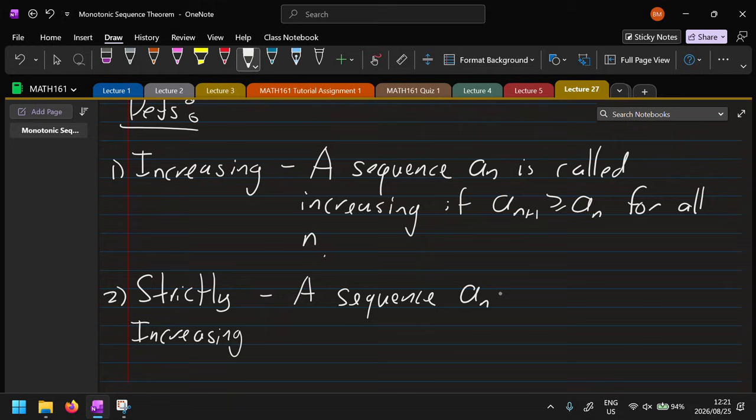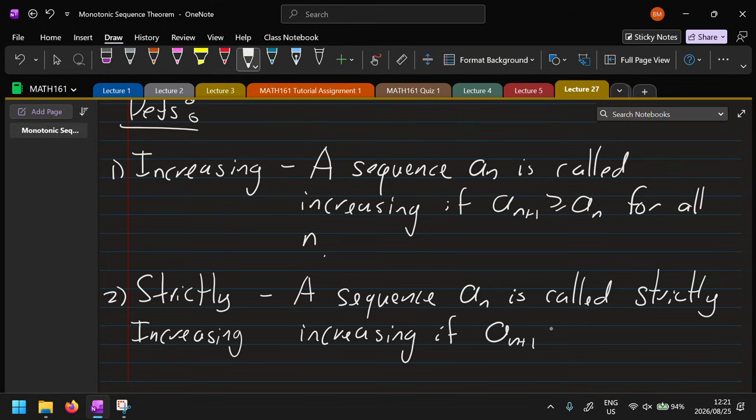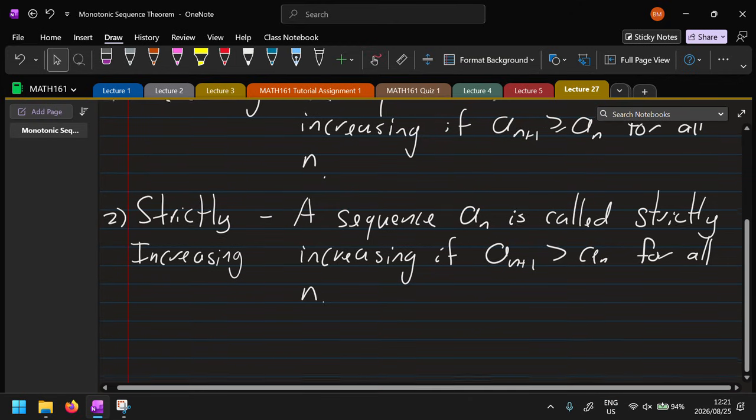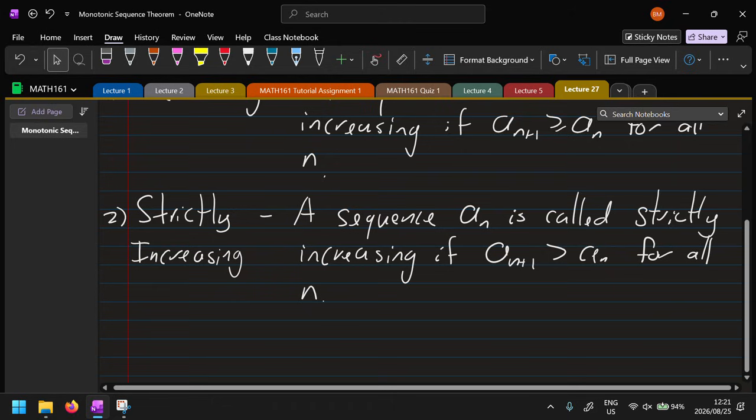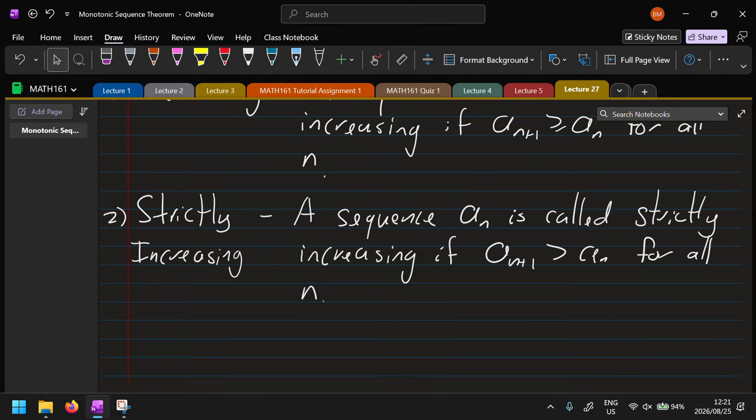A sequence a_n is called strictly increasing if a_(n+1) is greater than a_n for all n. So you see here for strictly increasing, we don't allow the next term to be equal. For increasing, it can be equal. For strictly increasing, it must be strictly greater than, cannot be equal to the previous term.